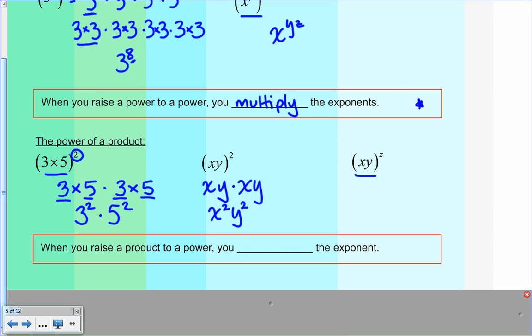When you raise a product to a power, what do you do with the exponent? I think it's important to note that both the 2 went to the 3 and to the 5. That happened here as well. Both the x and the y received that 2, and that's called distributing or expanding.